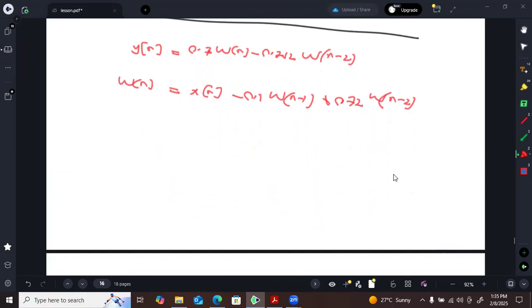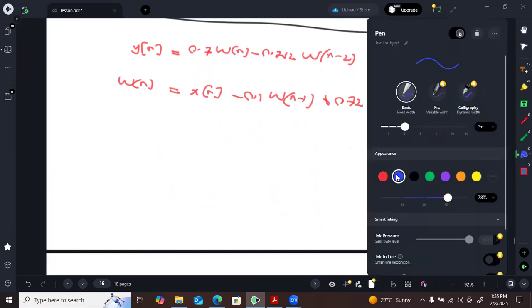So in terms of implementation, let's look at this carefully.